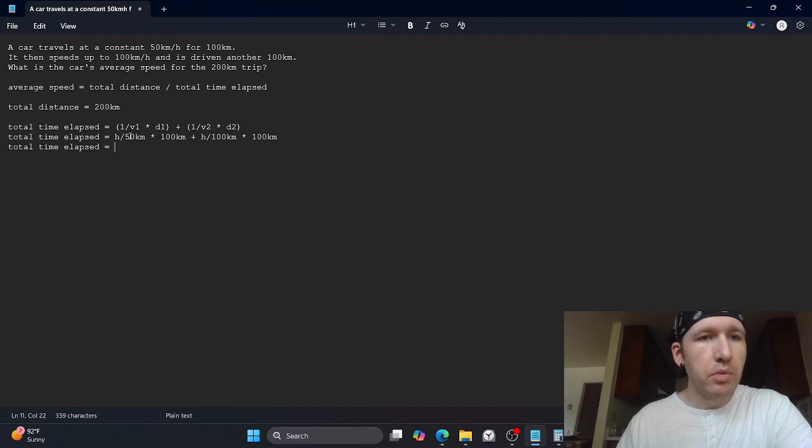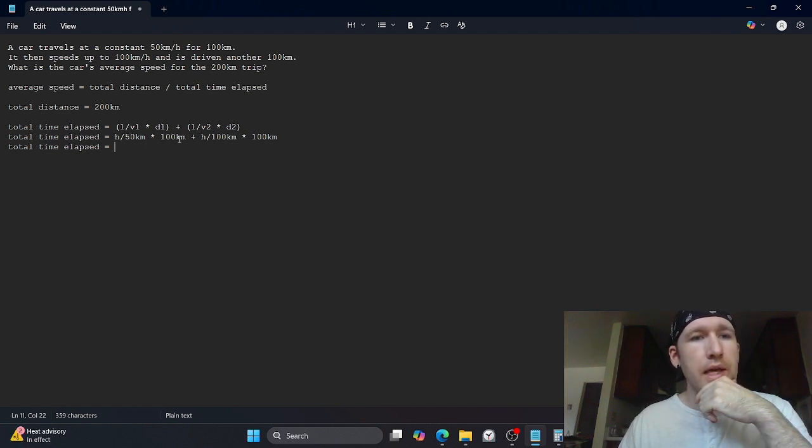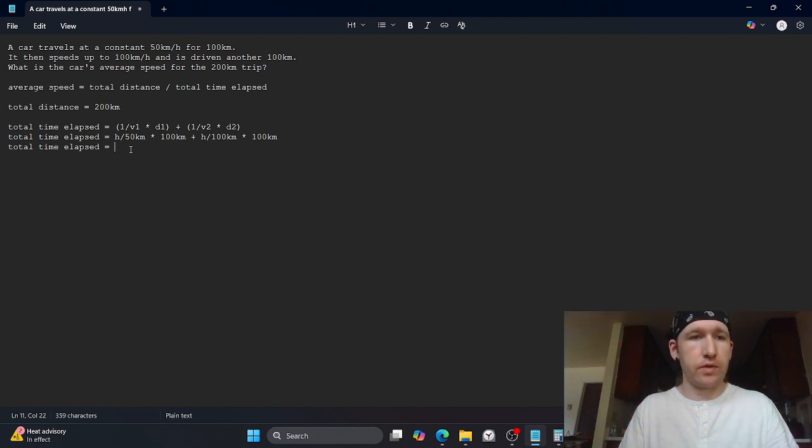So when we multiply these two together, the km's cancel, and then we have 100 divided by 50, which will give us 2 hours. And we're going to add this 100 km divided by 100 km is 1, so we're going to be left with 1 hour. Now this will be equal to 3 hours.